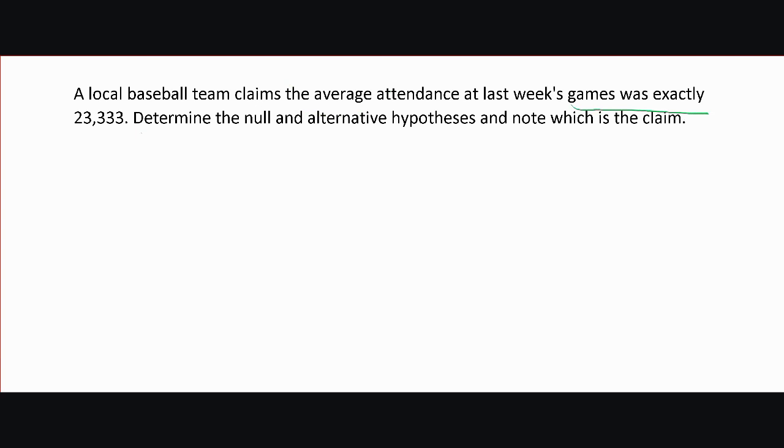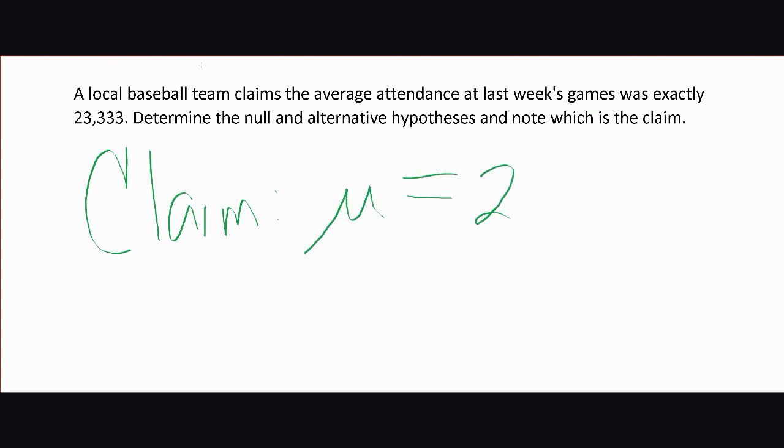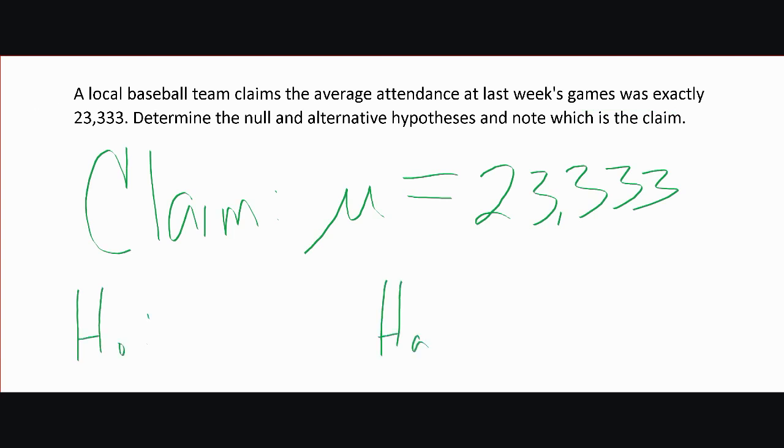Some statistician behind the scenes was crunching the numbers, and this is what they claim to have found. Okay, so what is the claim? What is the claim that's being made in this problem statement? Very clearly, the mean is equal to 23,333. That is the claim being made in this problem. So let's establish our null and alternative hypotheses, okay? Now, which of these hypotheses is going to contain this statement, the mean is equal to 23,333?